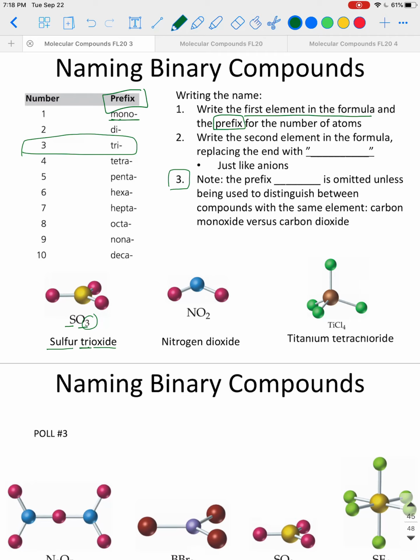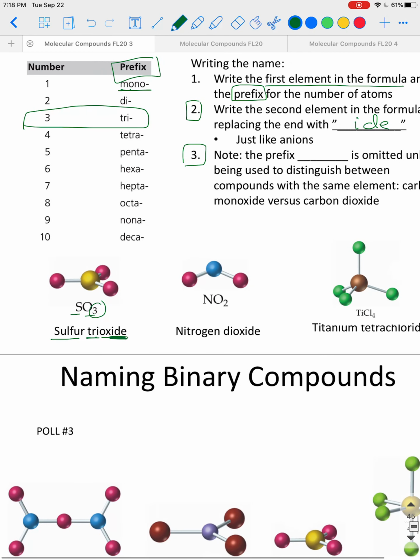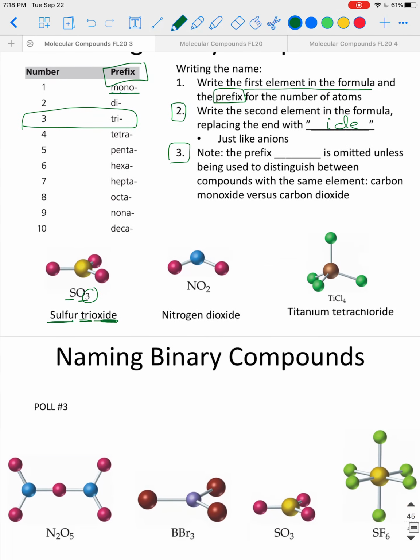Now, the reason we wrote oxide brings us to point number 2. Oxygen, we changed the ending to IDE. So it says write the second element in the formula, and you replace the end with IDE, just like we did for anions. So again, going back to sulfur, you have sulfur trioxide.